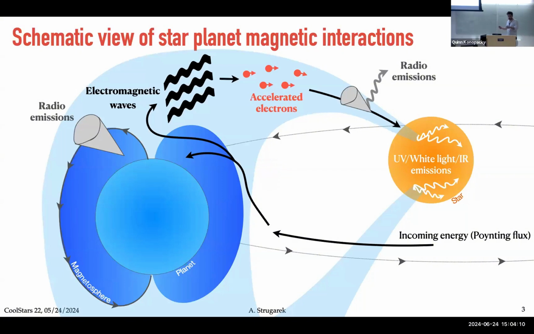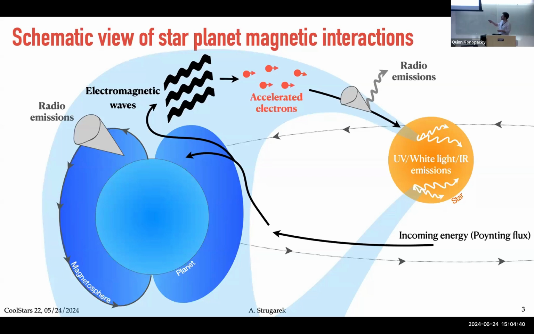Now this is my take on what's going on. This is a rough picture of what we understand so far, of how it should work. Basically, you have an orbiting planet. If you put it at rest, it sees an incoming Poynting flux that interacts with the planet and maybe its magnetosphere, if it has one, so it's an obstacle. Part of the initial power or energy available can get transmitted towards the magnetosphere of the planet, and then you would get radio emission and some other fun stuff.